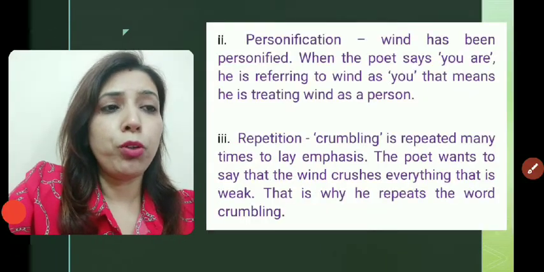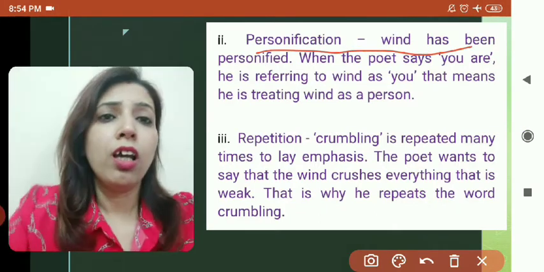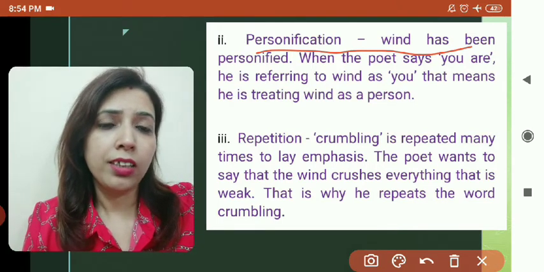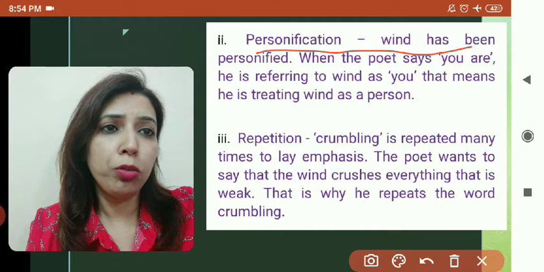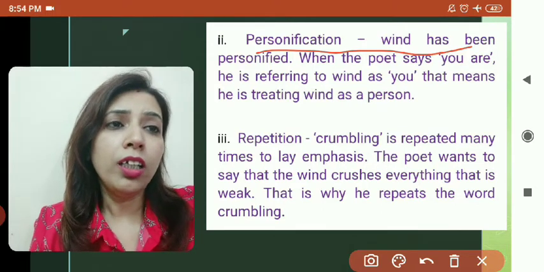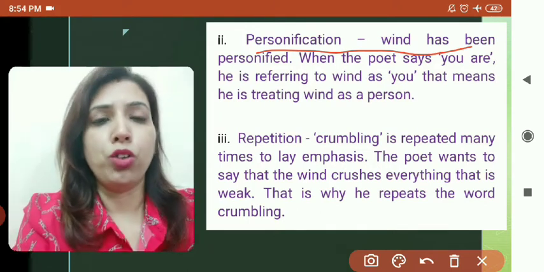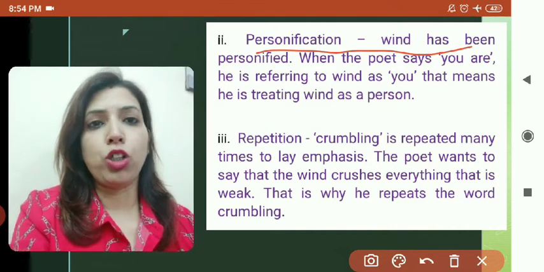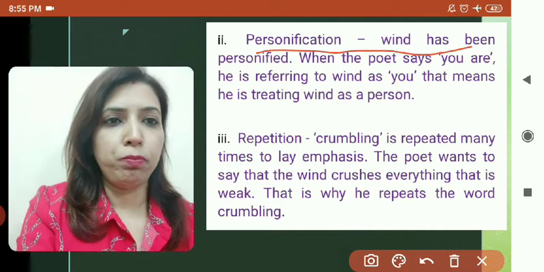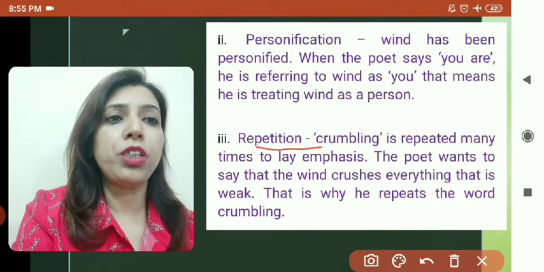The next poetic device, as I have already told you, is personification. The poet is treating the wind as a human being, as a person. So wind is being personified in the poem. Then the next poetic device is repetition.